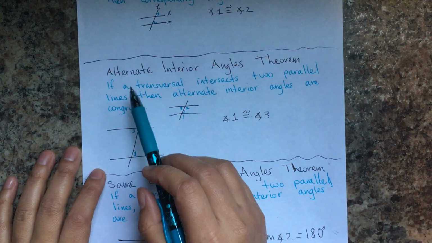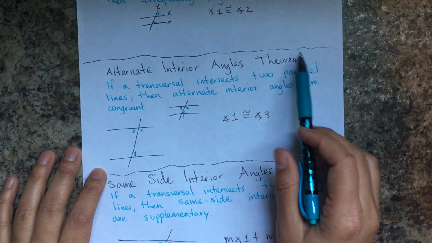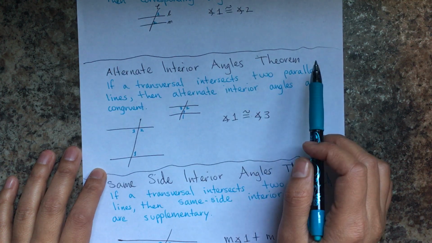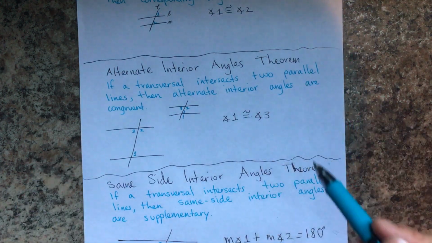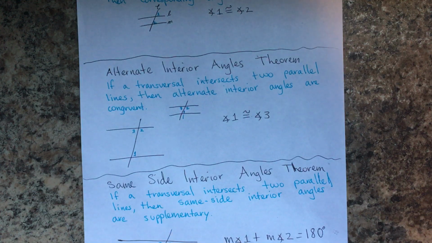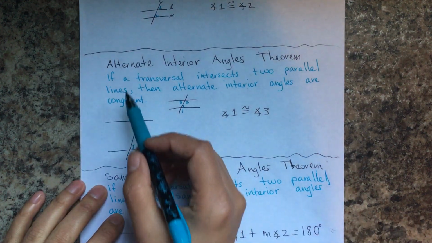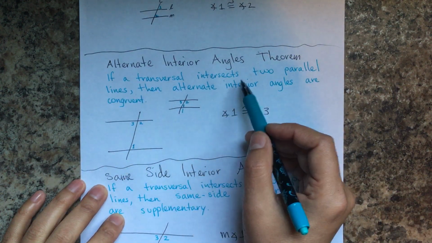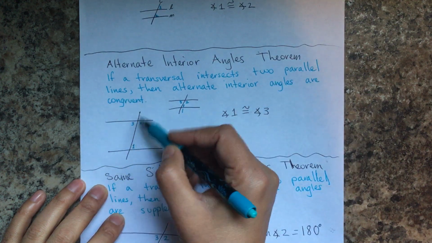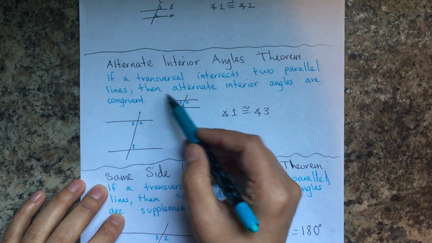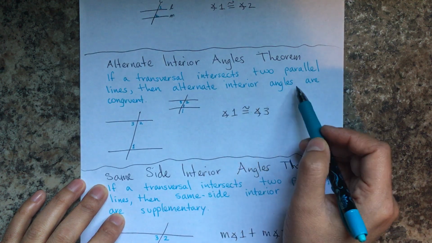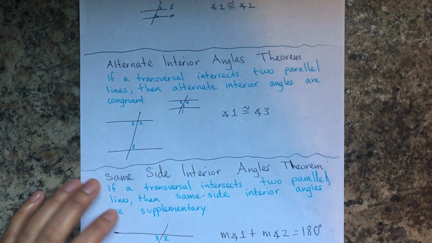The next one says alternate interior angle theorem. Theorem means that you need to prove, just like we did with the vertical angles, you need to go step by step to prove that it's true. It says if a transversal intersects two parallel lines, the same thing, then alternate interior angles are congruent.